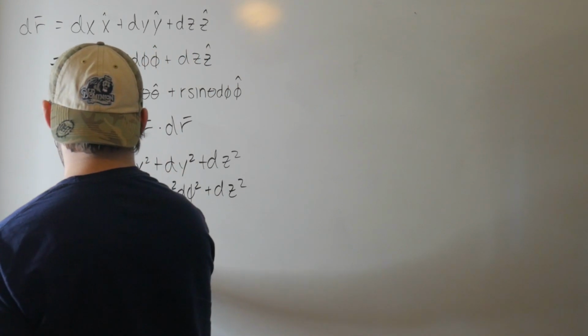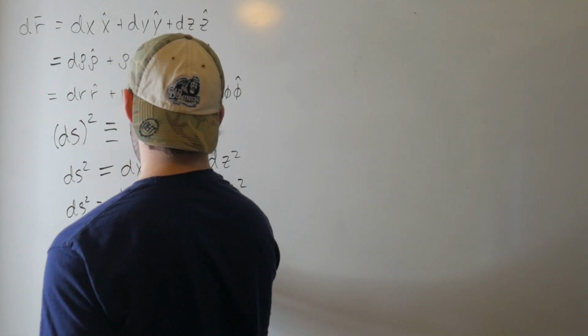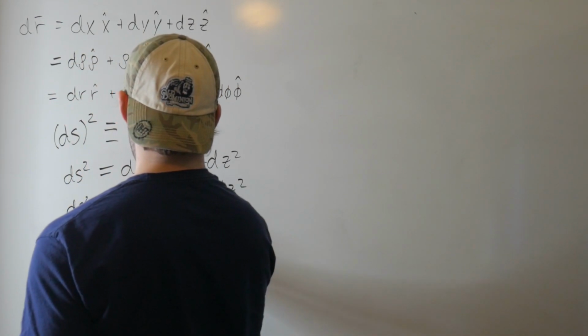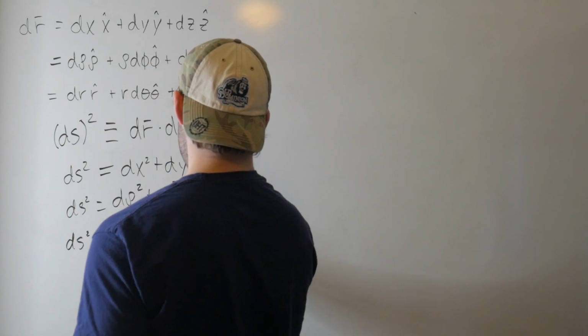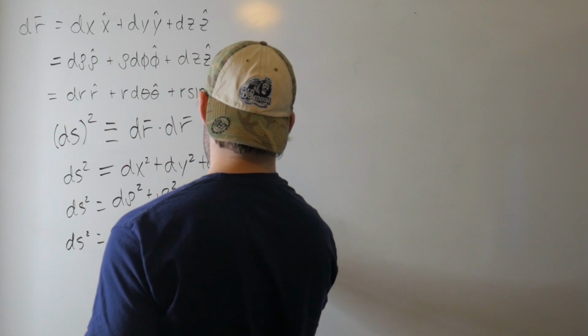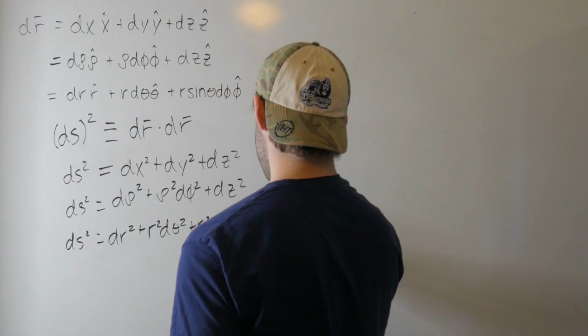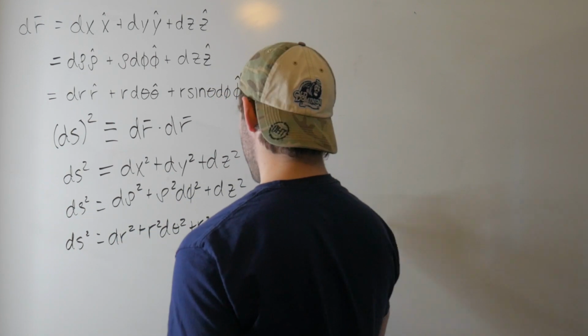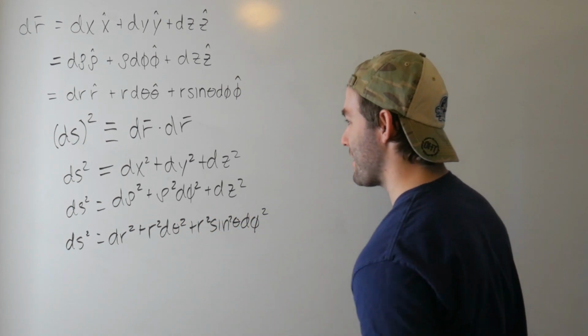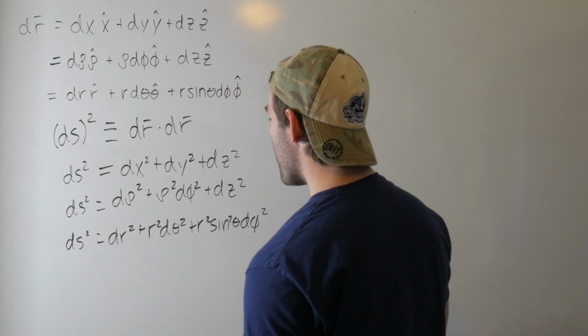And finally, for spherical coordinates, ds squared is equal to dr squared plus r squared d theta squared plus r squared sine squared theta d phi squared. Okay, hopefully I wrote that out right. I'm sure I'll put a comment in the video if I didn't, but it looks good to me.